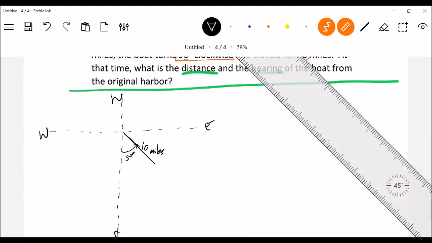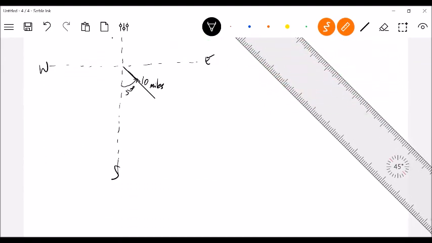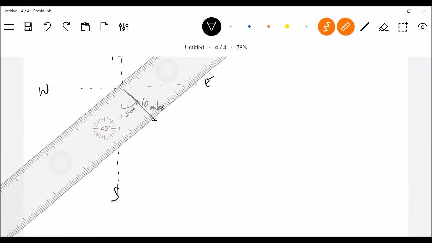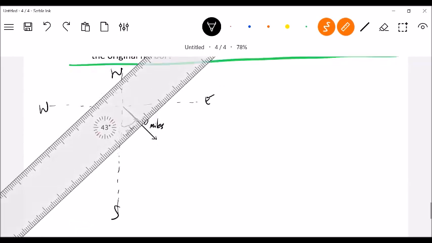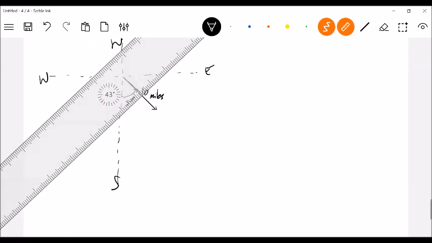And then we're turning 90 degrees clockwise, not counterclockwise, but clockwise. So that means if we're facing this way, clockwise would be coming this way. So I'm going to try as best I can. And then this time it moves 30 miles, which means about 3 times as long as that 10.